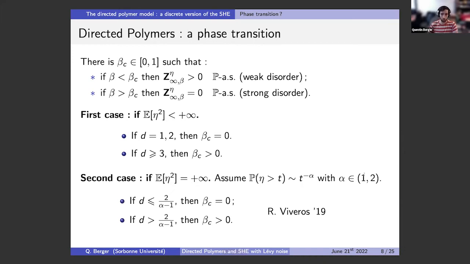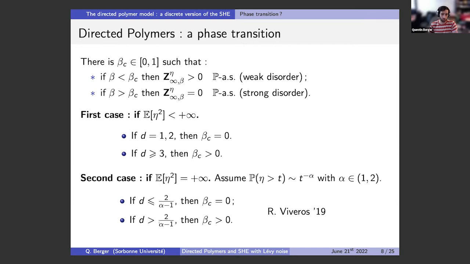And this is indeed what Roberto Viveros proved. He proved that you have the same kind of criterion as before. If the dimension is small enough, depending on the tail of the probability distribution of eta, then you don't have any phase transition and you always have strong disorder.